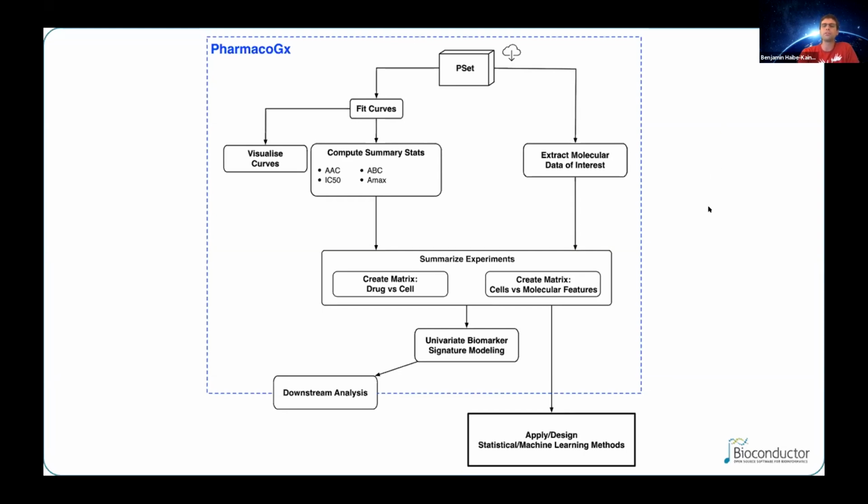And then you can use those matrices to do your statistical modeling or machine learning analysis, where you can look at one gene at a time in the package, using the signature functions, where you can do more downstream analysis, or you can apply your own fancy multivariate machine learning analysis based on those simple matrices. So really the goal is to standardize all the cell line drug names and gene annotations, so you can really jump into the machine learning part rather than spending your time on the curation. Next.